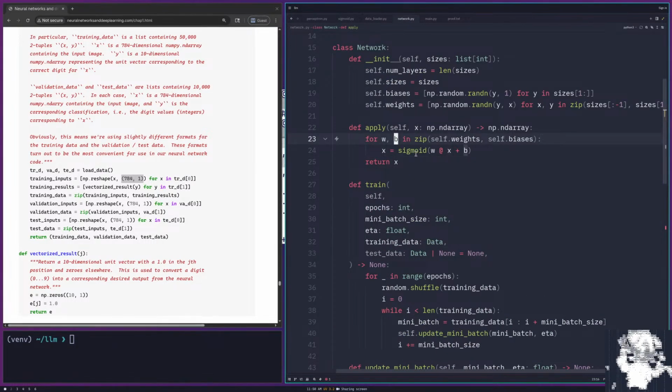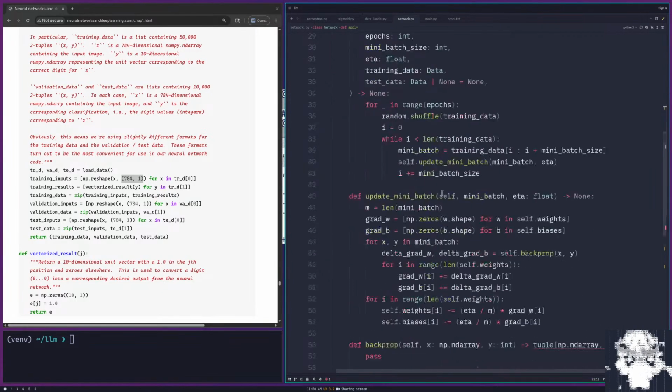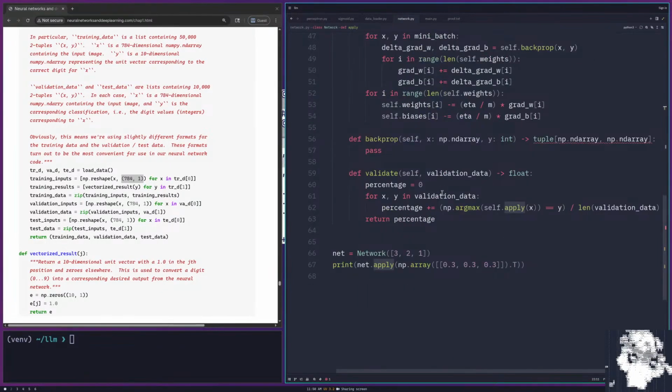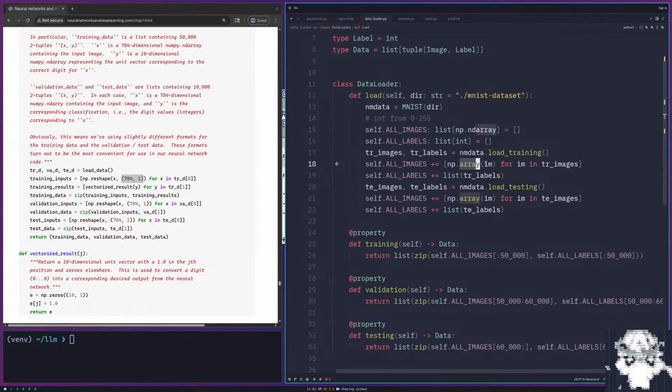Apply. I'm not doing it here either. Oh, here I'm doing it. I'm transposing it. Okay, but that's not going to work when I'm loading the data. So let's add the reshaping to our data loader.